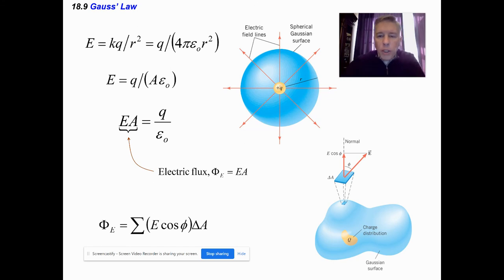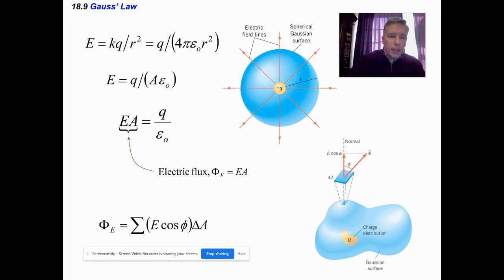So if I had this little point charge here, this positive charge in the center, and I drew a sphere around it, I know I have electric field lines going away from it. What we can do is determine a thing called the electric flux. And the electric flux is the product of the electric field times the area that it passes through. This set of equations is just showing how we can come up with that relationship.